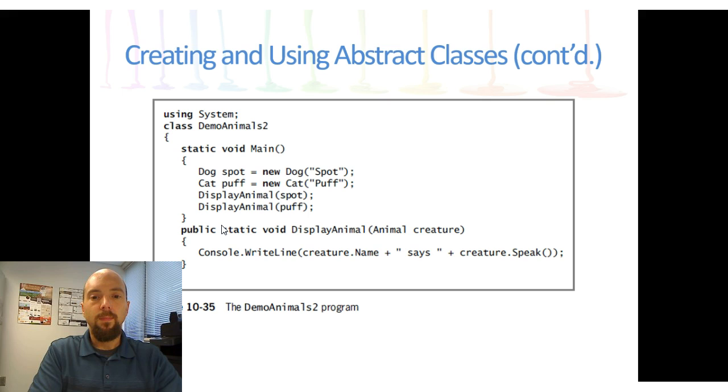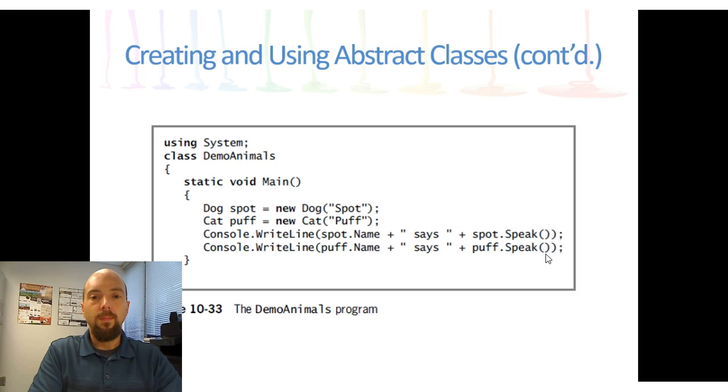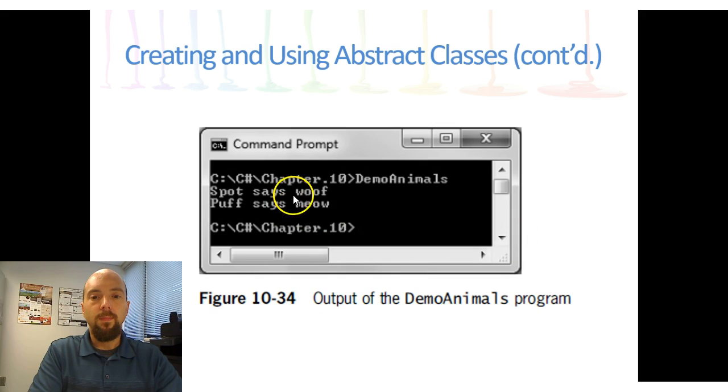All right, so we can allow our different types of objects to specify that here we have Spot, here we have Puff, and we're going to display the animal for Spot. We're going to set it over, and creature.speak, if you notice, creature.speak, that's going to be the method for stating if the dog says woof or the cat says meow.